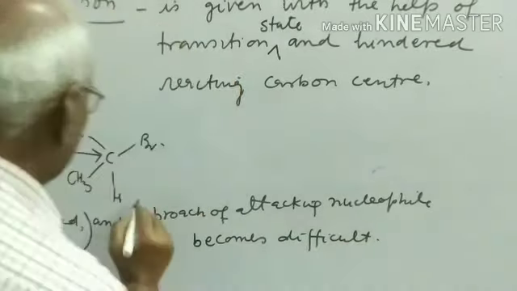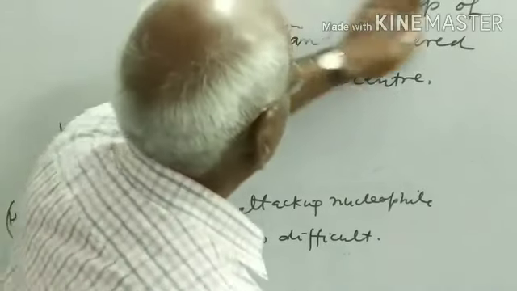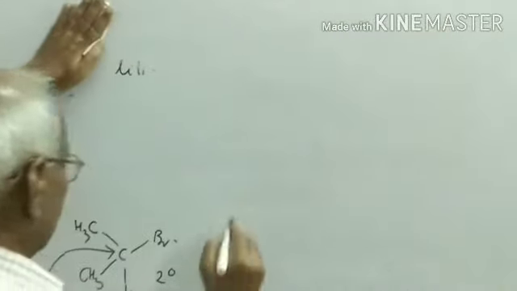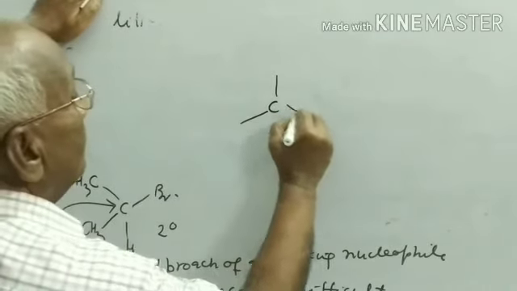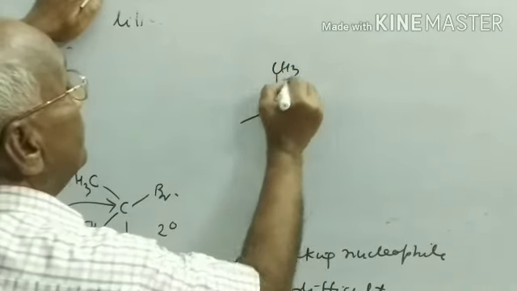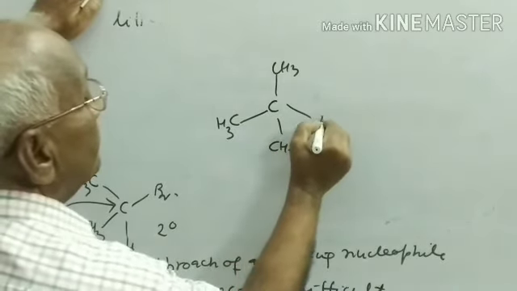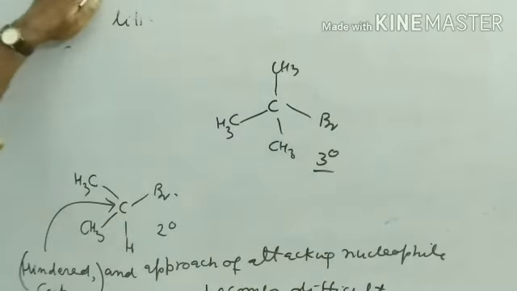This is 2 degree. Now, see with 3 degree, it is more difficult. In this case, approach becomes more difficult. So, this is CH3, this is Br, a 3 degree alkyl halide, this is tertiary butyl bromide.